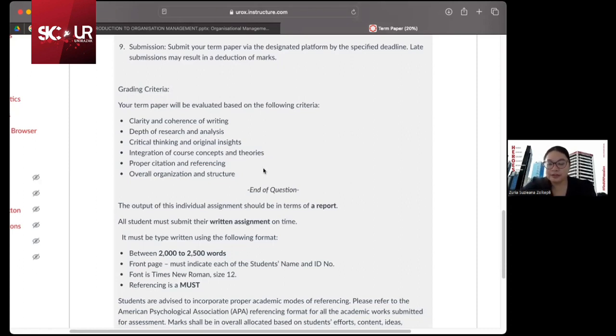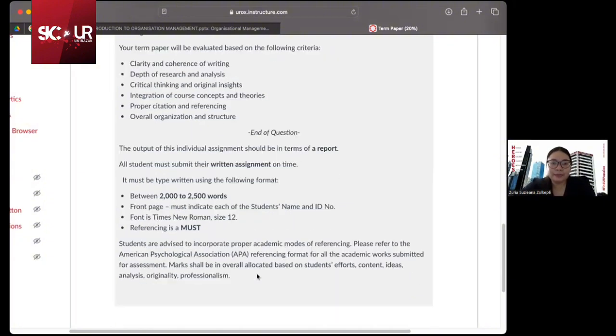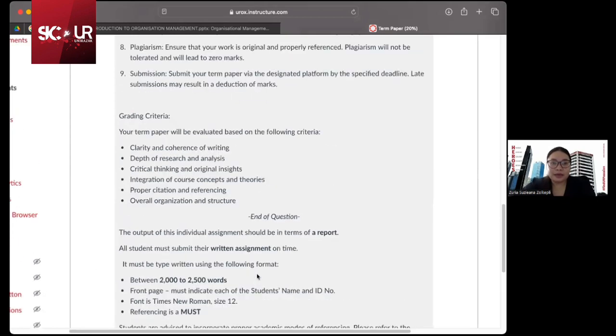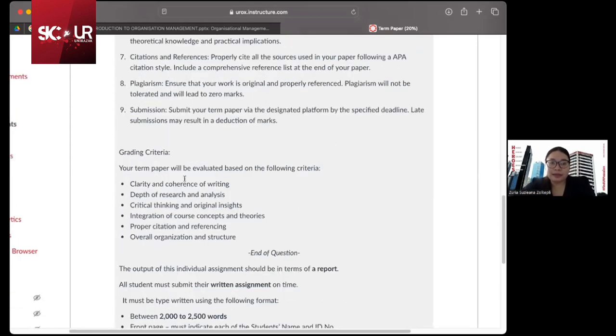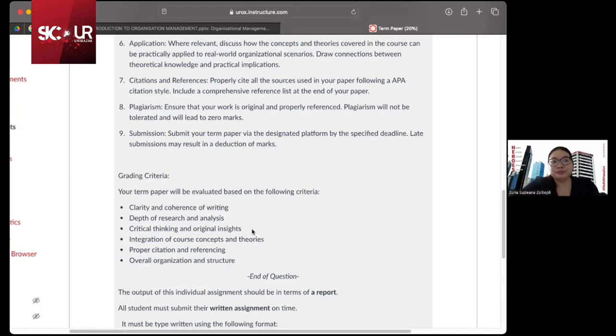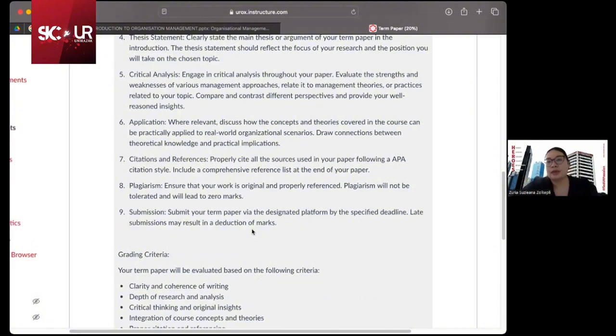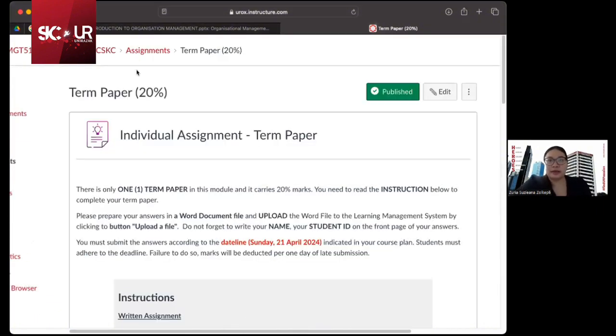And referencing is a must because you are going to use a lot of reference material in this assignment. So put references, APA. And then your term paper will be evaluated by this criteria.